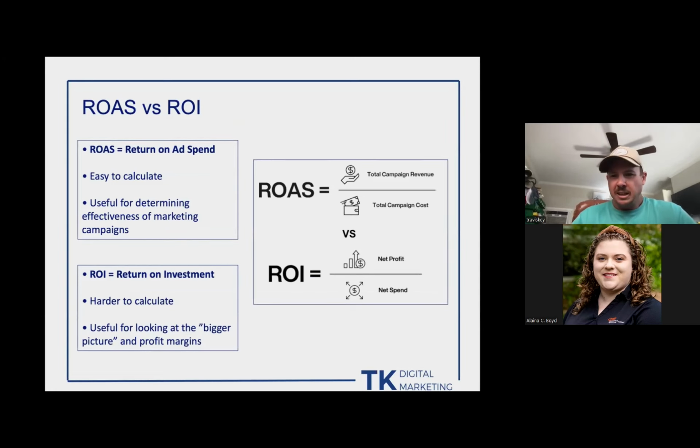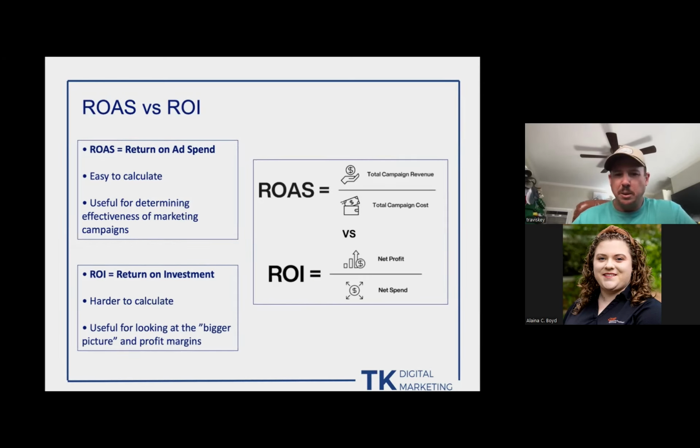You're just taking how much you spent on the ad campaign versus what you gained in revenue, and it gives you a number there. And we'll talk about what's a good ROAS number and what's maybe not a good ROAS number, but it's just how much revenue you obtained from that ad campaign divided by how much you spent on that ad campaign. So a really, really simple metric.